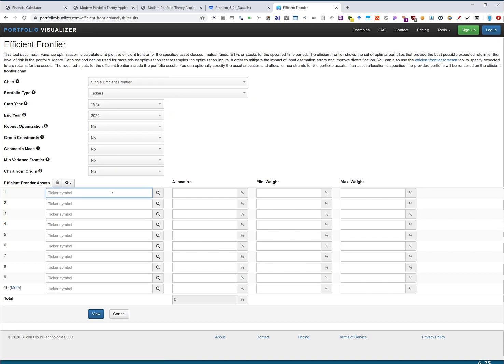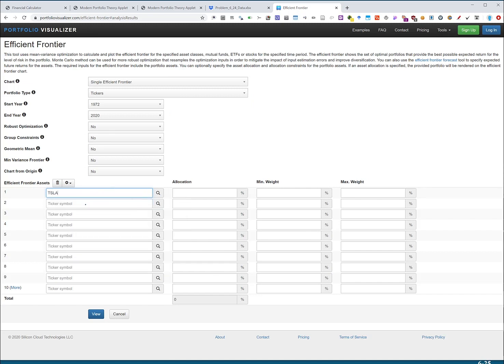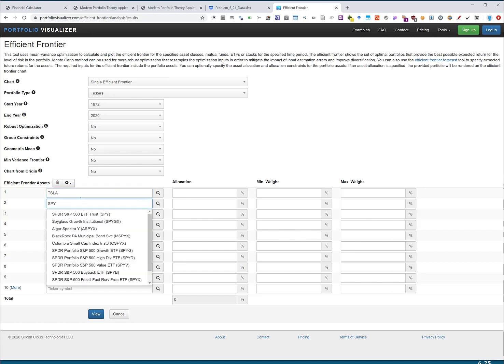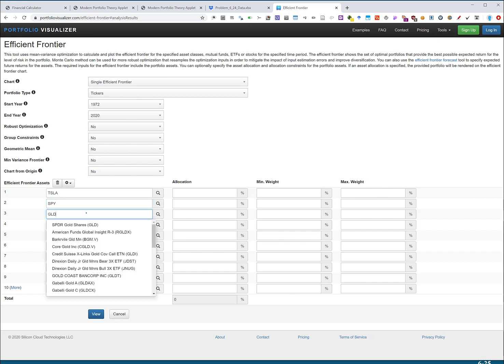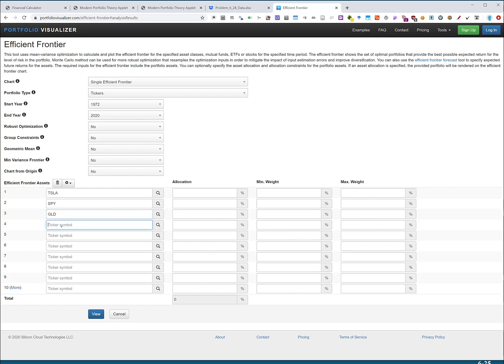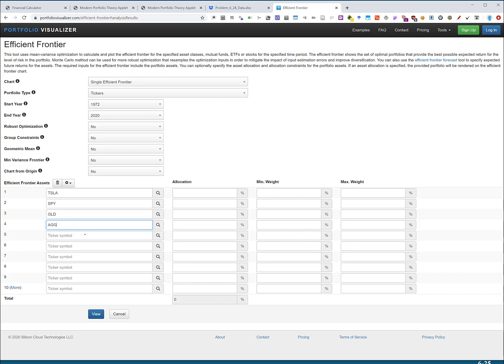All right, so let's put Tesla, SPY, GLD. I usually ask people to volunteer tickers, but I'm just going to add AGG, the aggregate bond ETF, which is one of the most famous bond ETFs.